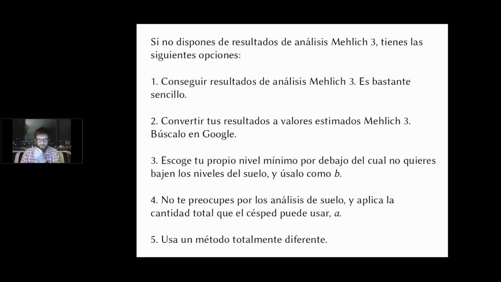You can just use your own number for B, and then your soil test data C will be with the same method, and you'll be fine. Or you could just skip the soil testing altogether and just apply 100% of what the grass will use. Just apply A. Or the fifth option, just do something that I haven't even thought of, something completely different. So those are your options if you don't have Mehlich 3 data.